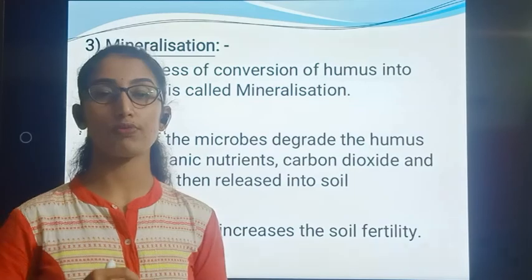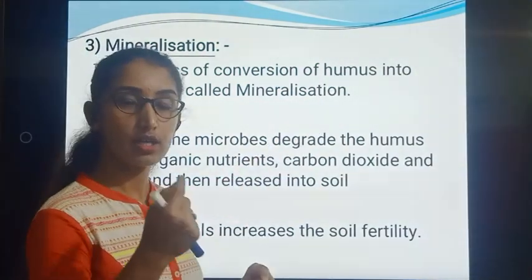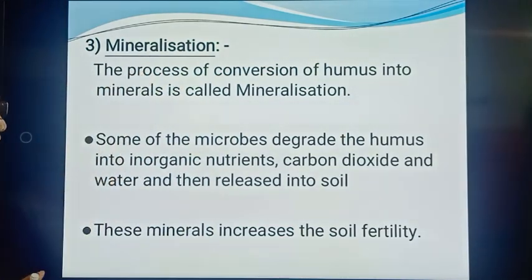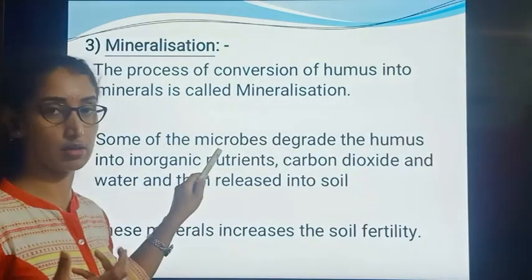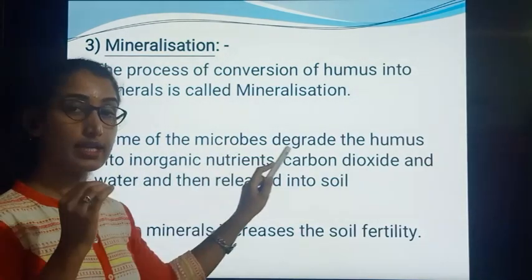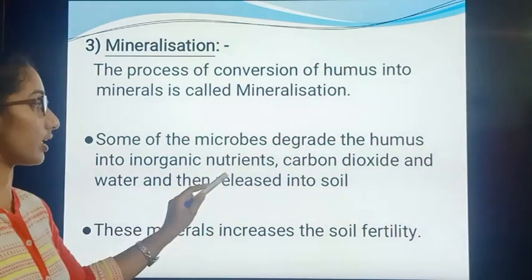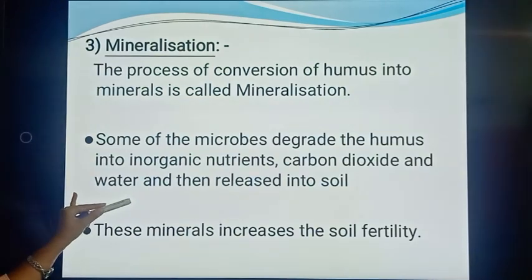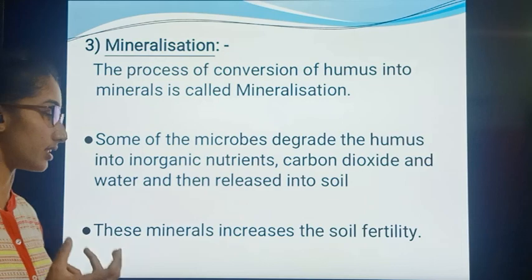That process of releasing minerals from the humus is called mineralization. Some microbes degrade the humus into inorganic nutrients, carbon dioxide and water, and then release them into the soil. This is how they are releasing the minerals.